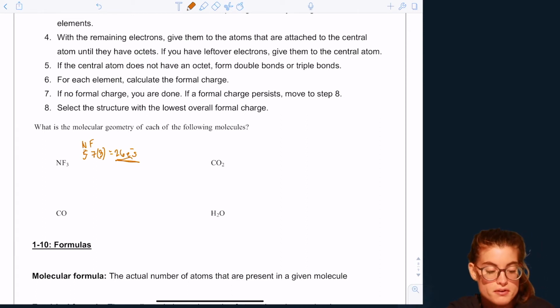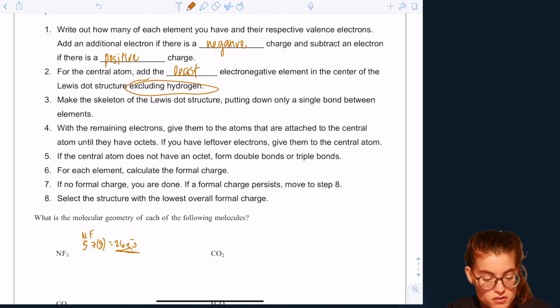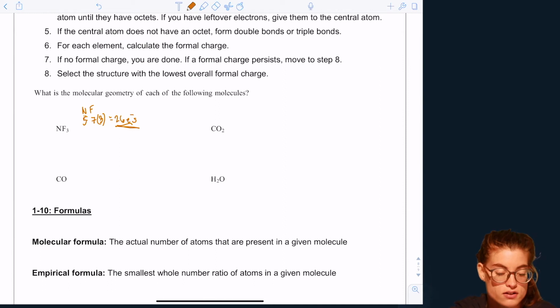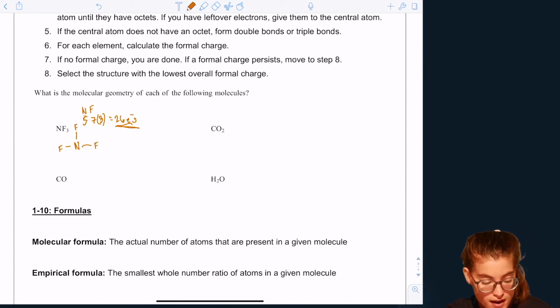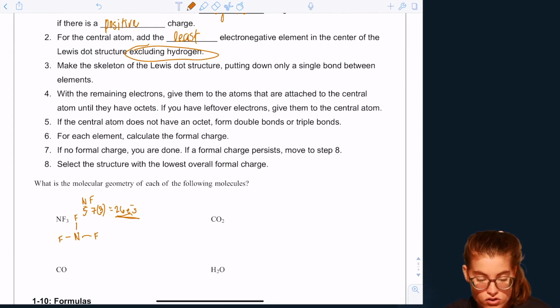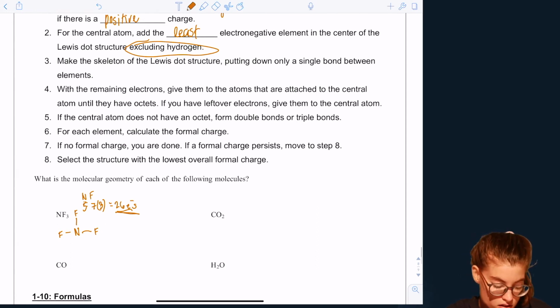Now we're going to put the least electronegative, oh wait, let's make sure we're doing this. And there's no charges, so we don't have to worry about that. Now we're going to put the least electronegative element in the middle, nitrogen, and then we're going to make connections to all of the other atoms that we have. Okay. So we're going to make the skeleton by putting single bonds between the atoms. And then with the remaining electrons, give them to atoms that are attached to the central atom until they have an octet.